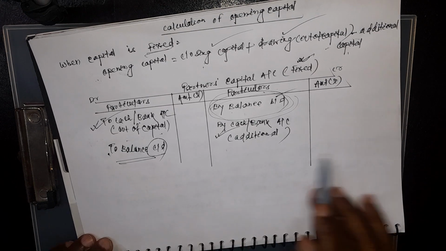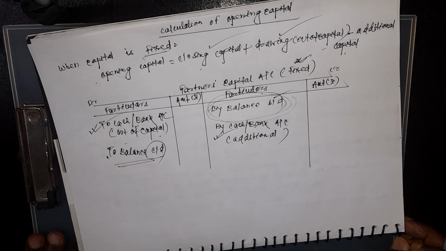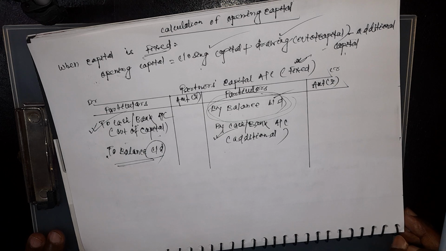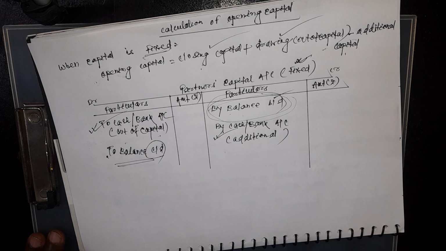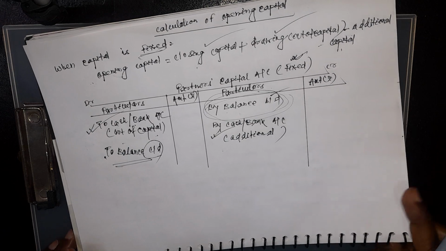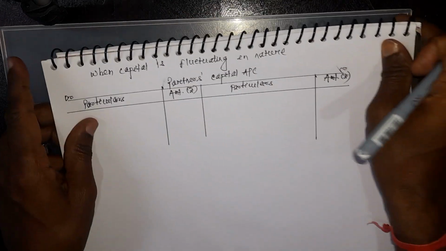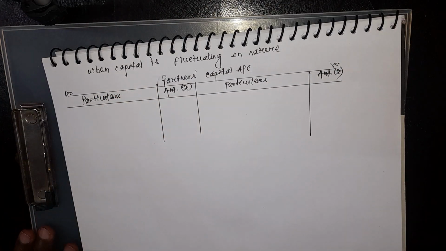But when the capital is fluctuating in nature, as I told you in the last video, if the question is silent and does not mention the nature of the capital, then you consider it fluctuating capital. When the capital is fluctuating, you maintain only one account, the partner's capital account.